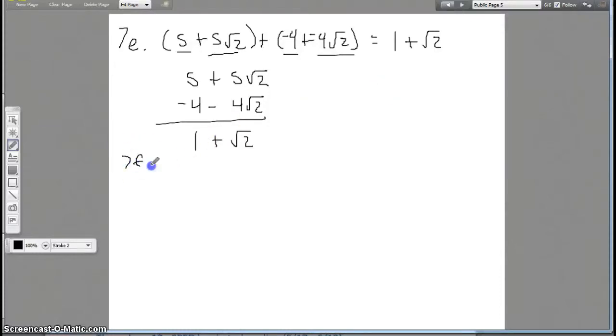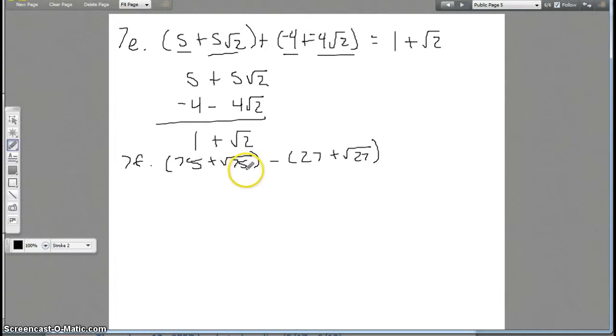Let's look at 7f. 7f is 75 plus root 75. And then we're going to subtract 27 plus root 27. Okay, these radicals are not the same, but let's see if they can be simplified. 75, what are the factors of 75? Well, we've got 1 and 75, that's not useful.